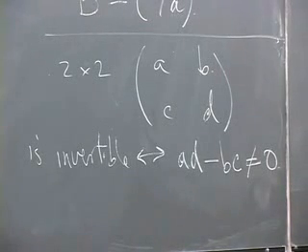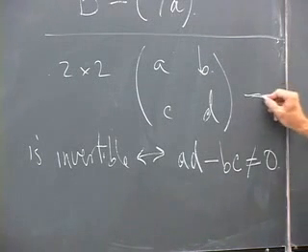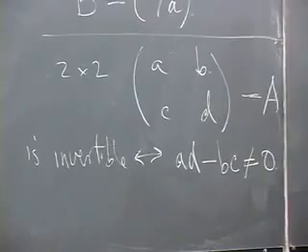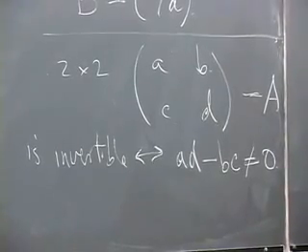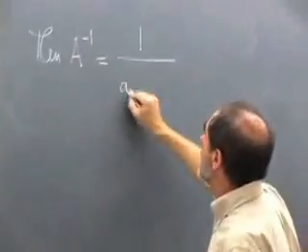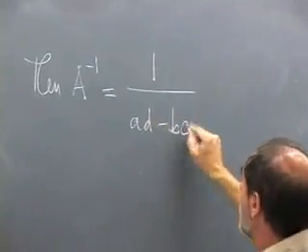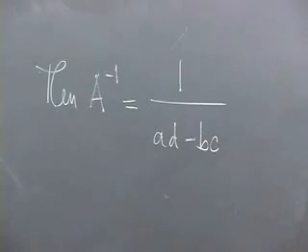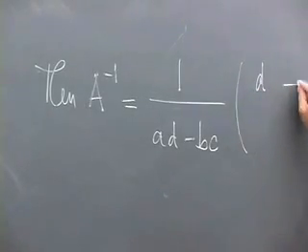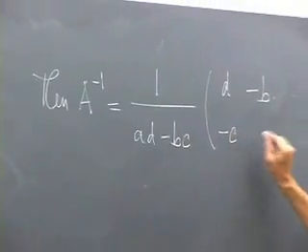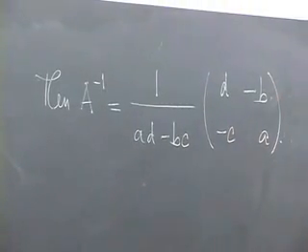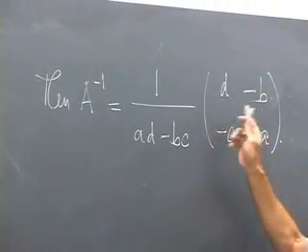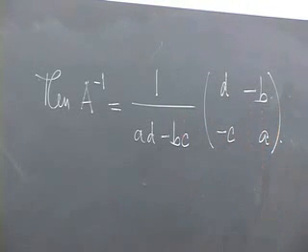Usually, you don't want to just know if a matrix is invertible or not, you want to know what its inverse is. So if this is A, then A inverse is equal to 1 over AD minus BC, and you can write that real number down because this number was non-zero, so it has an inverse, times the matrix D, minus B, minus C, A. And this means you take the scalar product of this matrix by that real number.